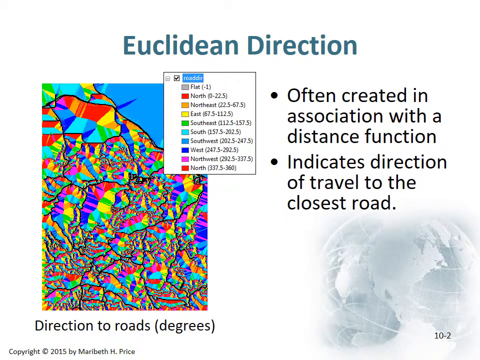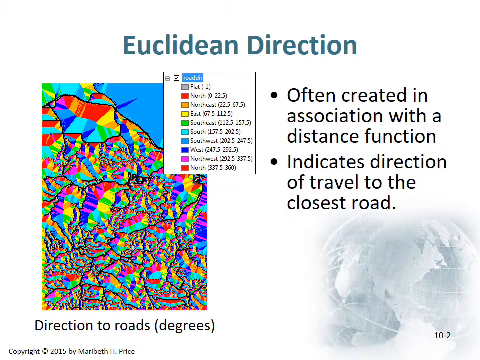Euclidean direction. Well, here we go. Here's aspect again, but from the cell to a feature. So instead of creating a true aspect grid that shows the landscape orientation, what this is doing is saying we're feeding the analysis, in this case, a road network, from each cell location, which way is the closest road.